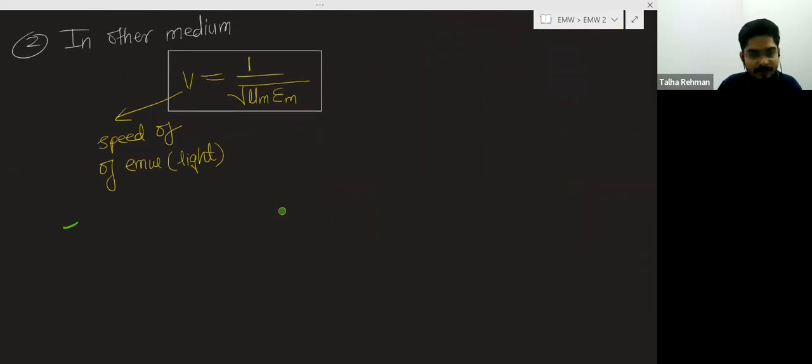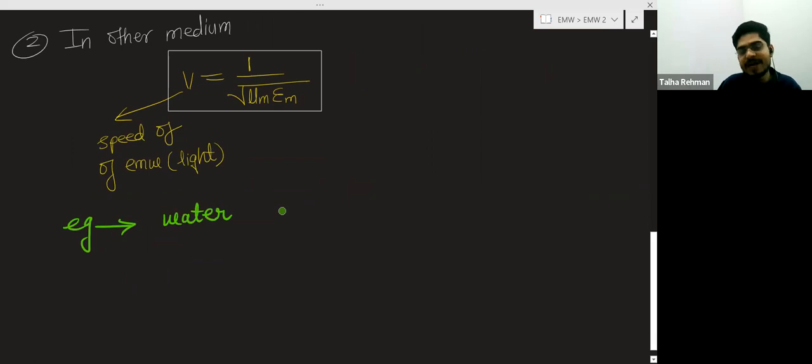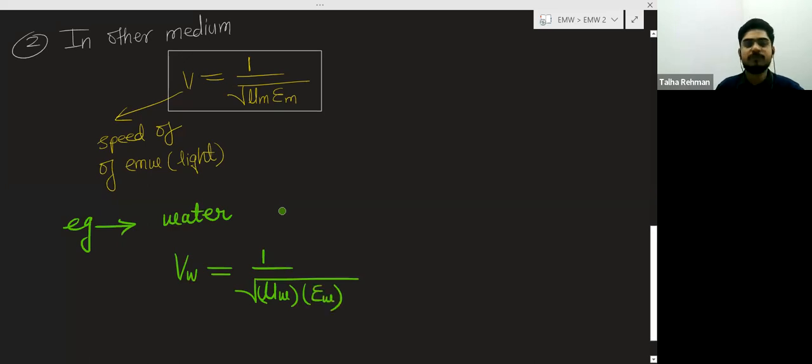For example, if light is traveling in water, then the speed of electromagnetic wave in water is equal to 1 upon the square root of permeability of water multiplied by permittivity of water.